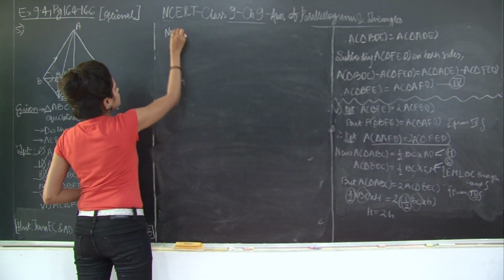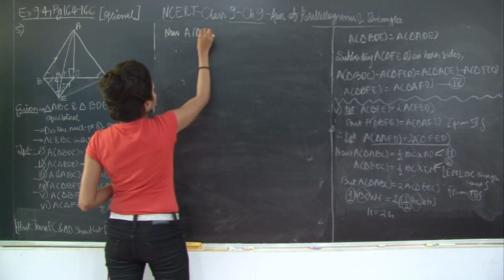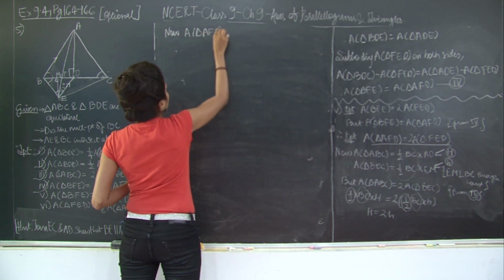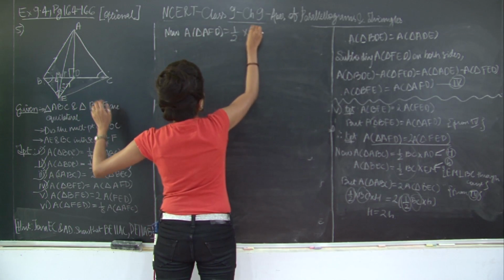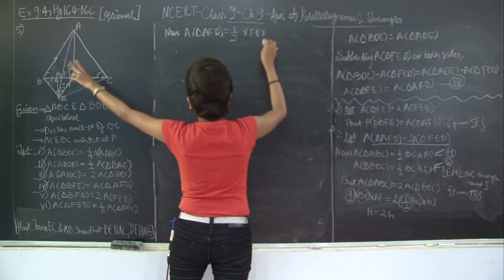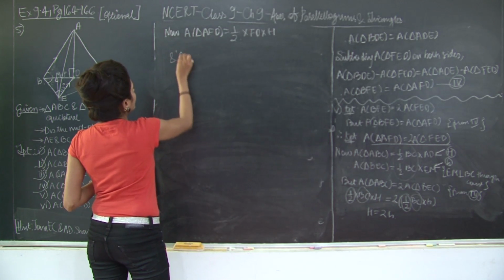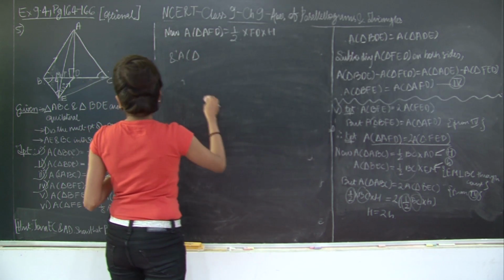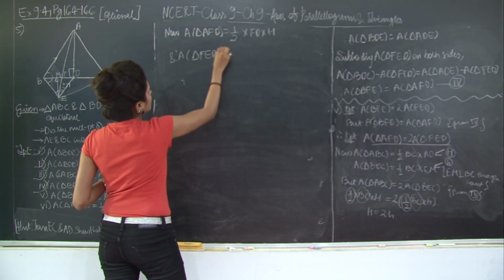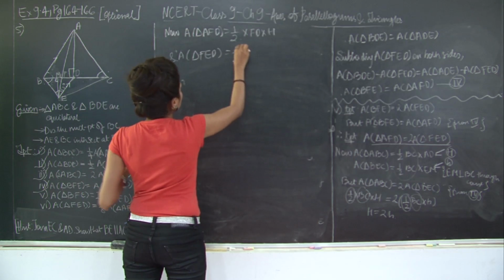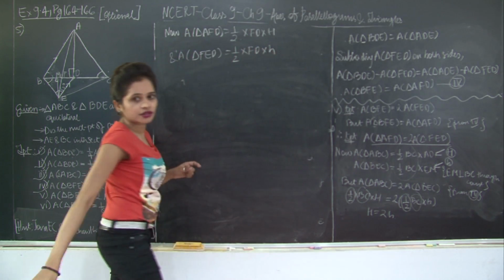Now area of triangle AFD is equal to half. So AFD is going to be half into FD into H, right? And area of triangle FED is equal to half into FD into small h, right?